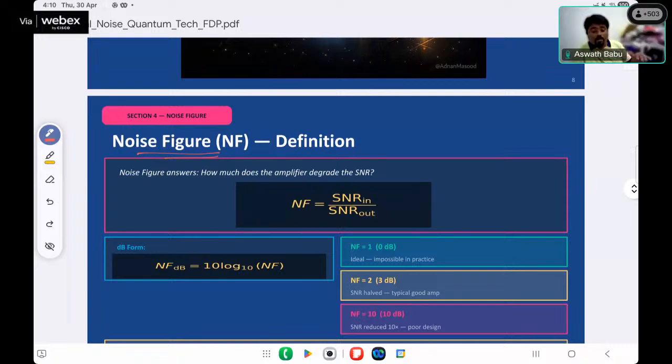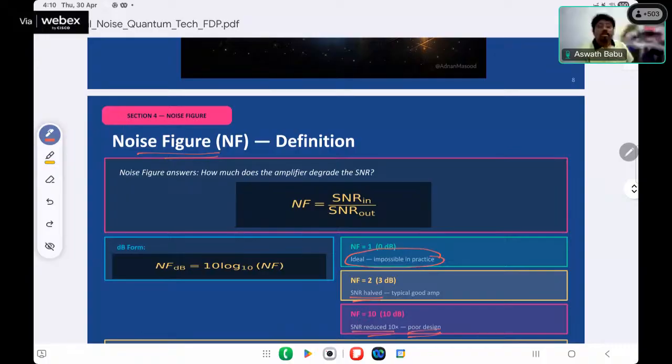Which is usually impossible, because whatever device we use will fiddle with the signal. It is going to reduce the SNR for sure. If the reduction in the SNR is something like half, that's typically good amplification. If it reduces to, let's say, 10 times, then whatever design you made in the system is very poor.